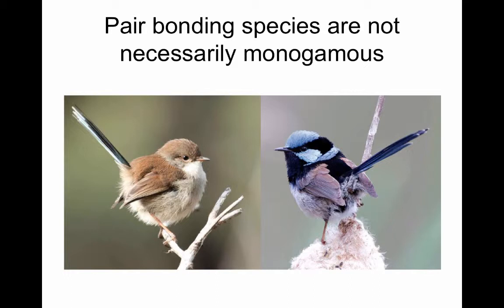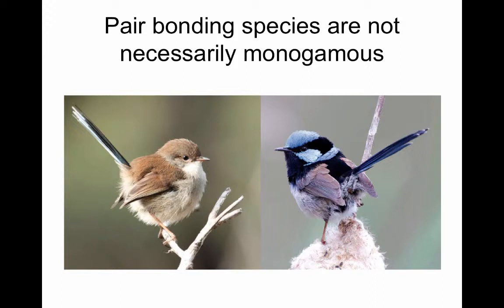There are a number of species, particularly birds, that do have a lot of pair bonding, but recent genetic work has often shown that even if they pair bond, there's a fair amount of cheating that goes on. In birds and in many other animals, pair bonding is pretty common. Pair bonding often occurs in species where their ecology demands two parents, where a single parent really isn't able to successfully rear offspring.